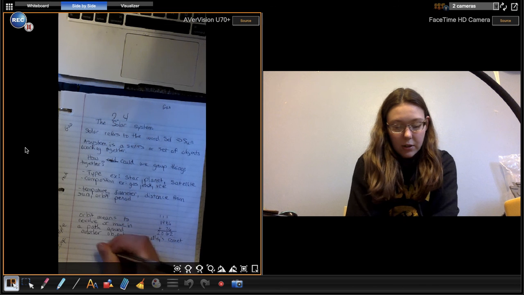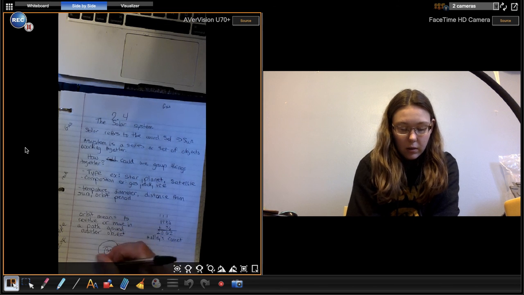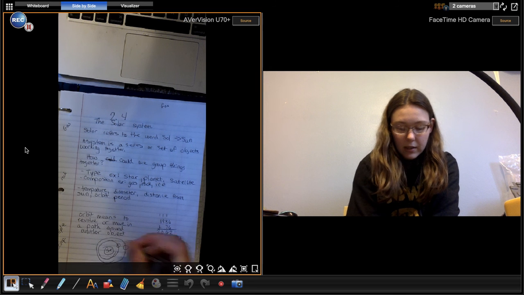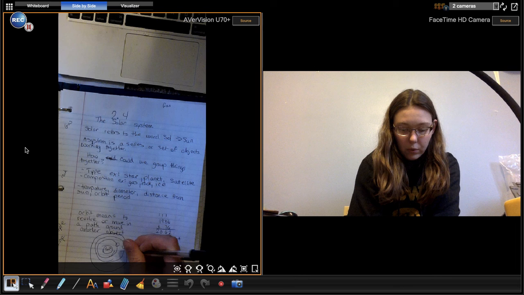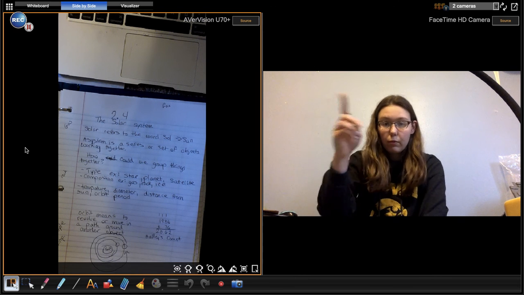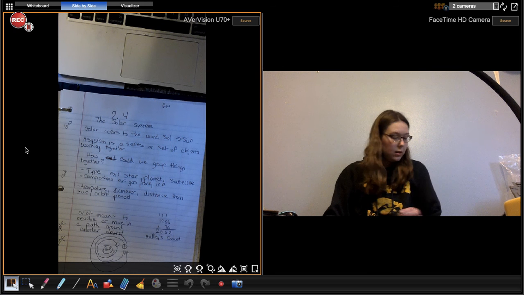All right, so here's our sun. And here's our little planet. It's badly drawn. The Earth is revolving around the sun, or it's orbiting.